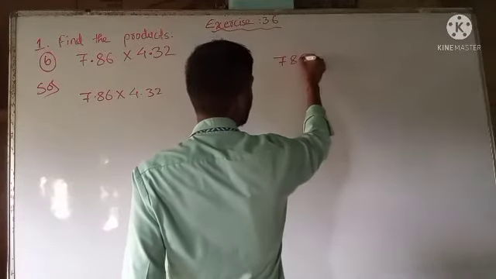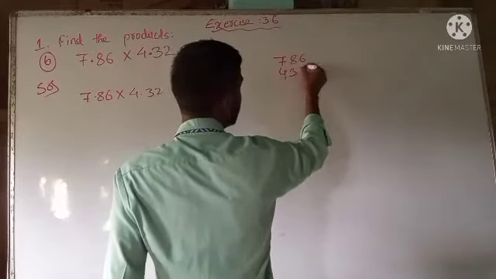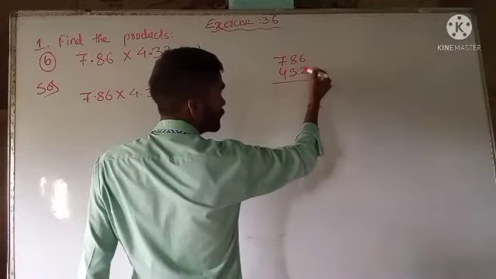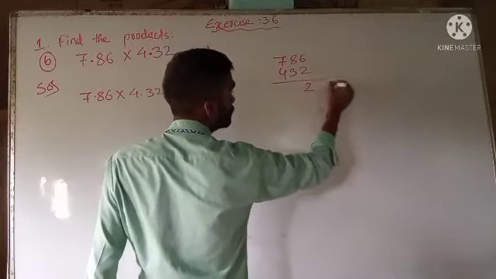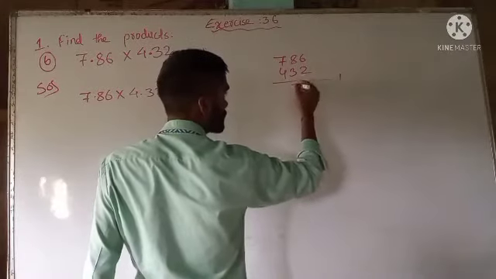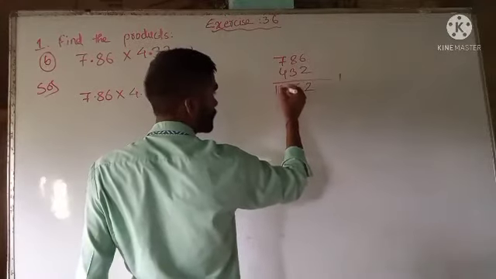That is 786 into 432. Let us multiply them. Now 2 into 6 will get 12, 1 in hand. 2 into 8, 16 plus 1, 17, 7, 1 in hand. 7 into 2, 14 plus 1, 15.